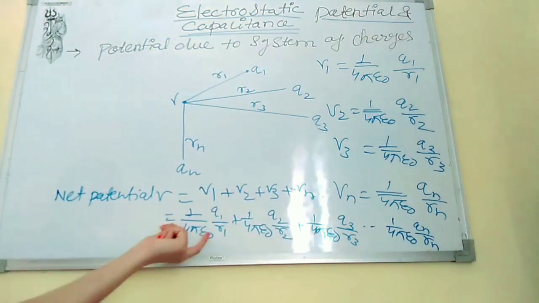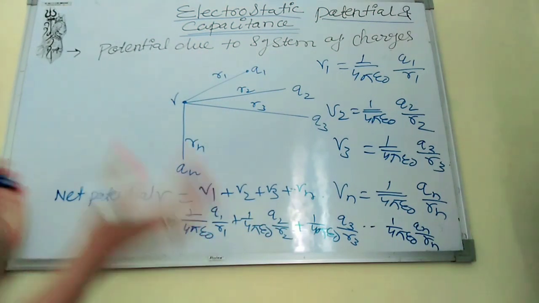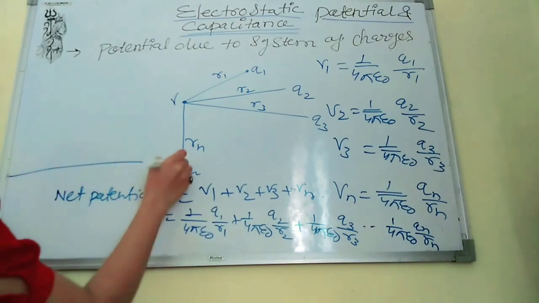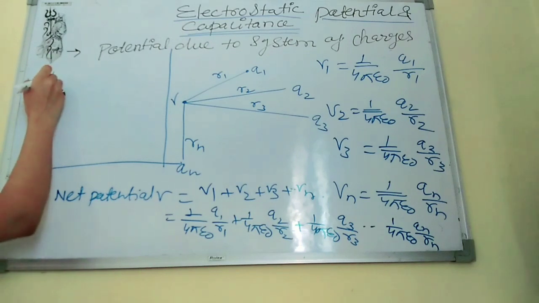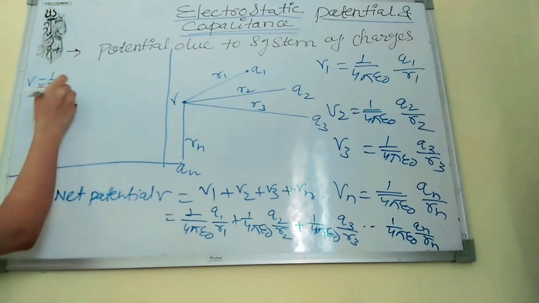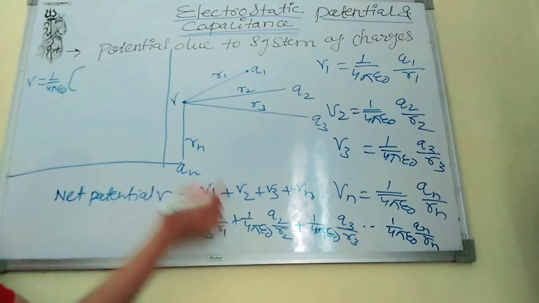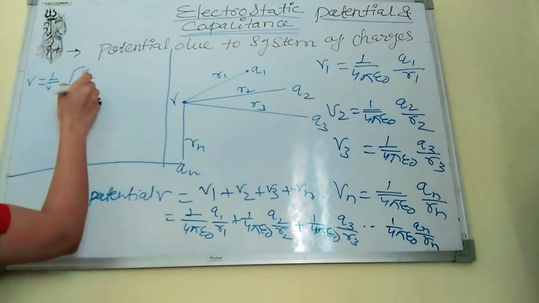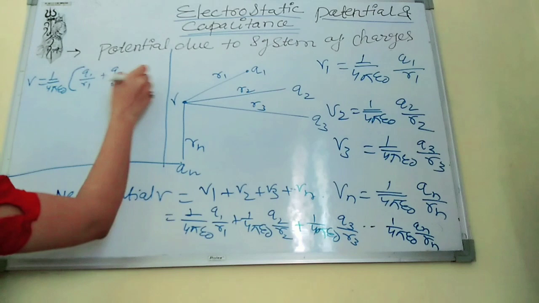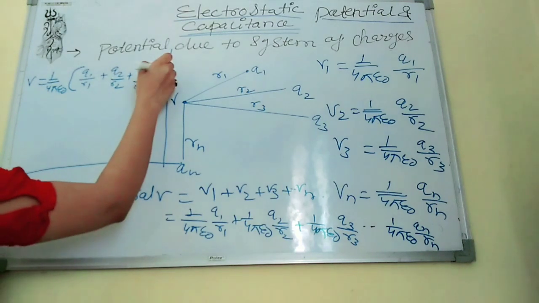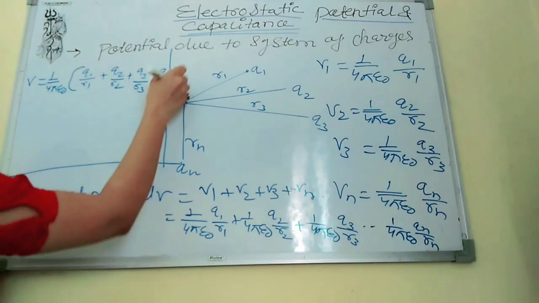Now we take this constant outside the bracket. So V will be 1 by 4 pi epsilon naught times Q1 upon R1 plus Q2 upon R2 plus Q3 upon R3 up to Qn upon Rn.